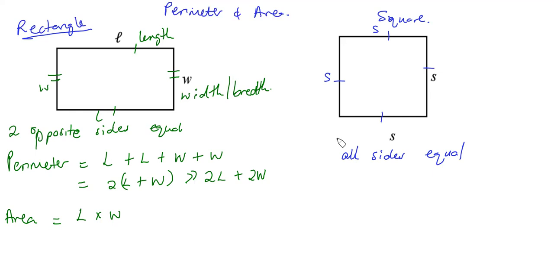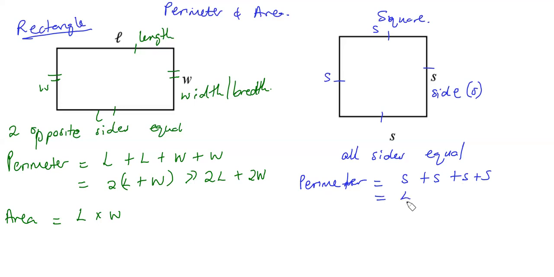Now, how do we get the perimeter here? Distance right around the shape is perimeter. It is going to be equal to S plus side plus side plus side. So this is side. The S is actually side. So how many S do we have here?